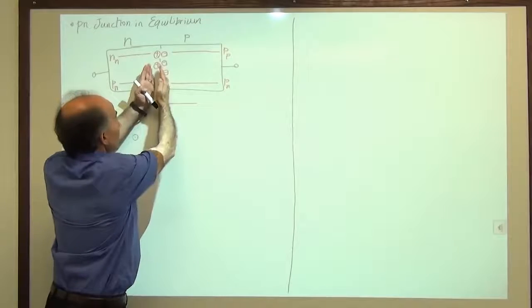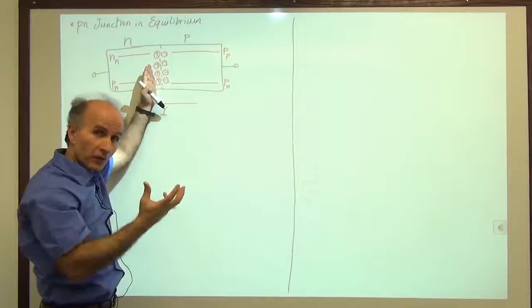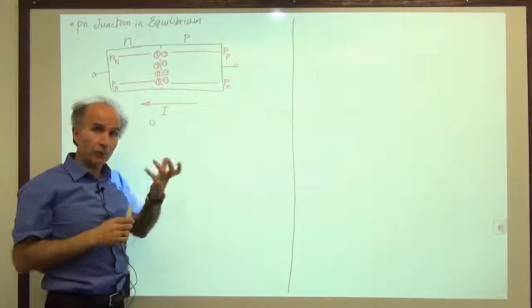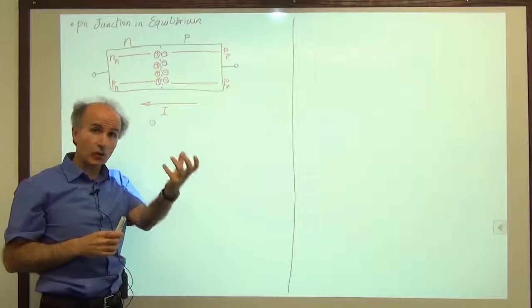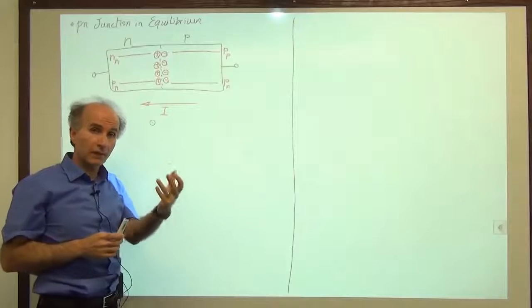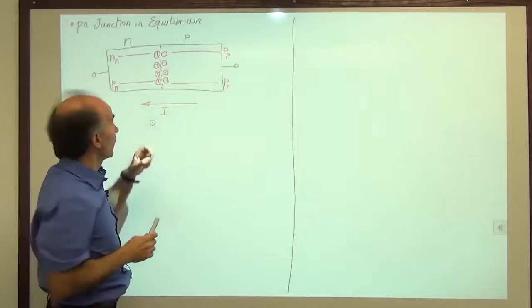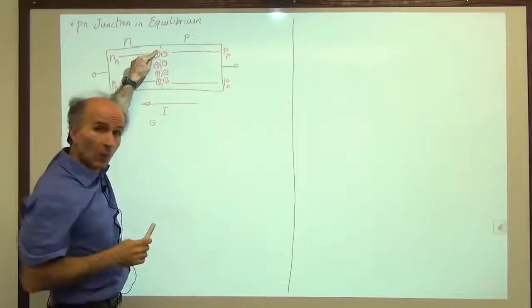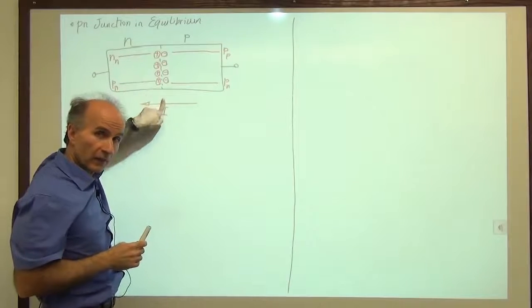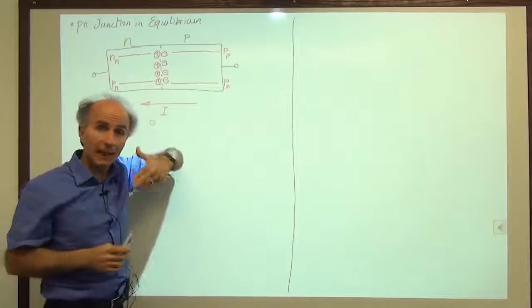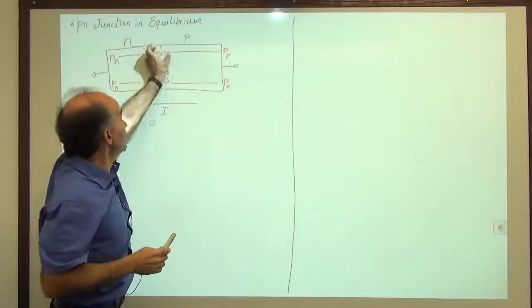So right around here, we have positive charge, and right around here, we have negative charge. If we have net charge, we can associate an electric field with that net charge. So as we expose these positive ions on the left and negative ions on the right, we create an electric field in this region.